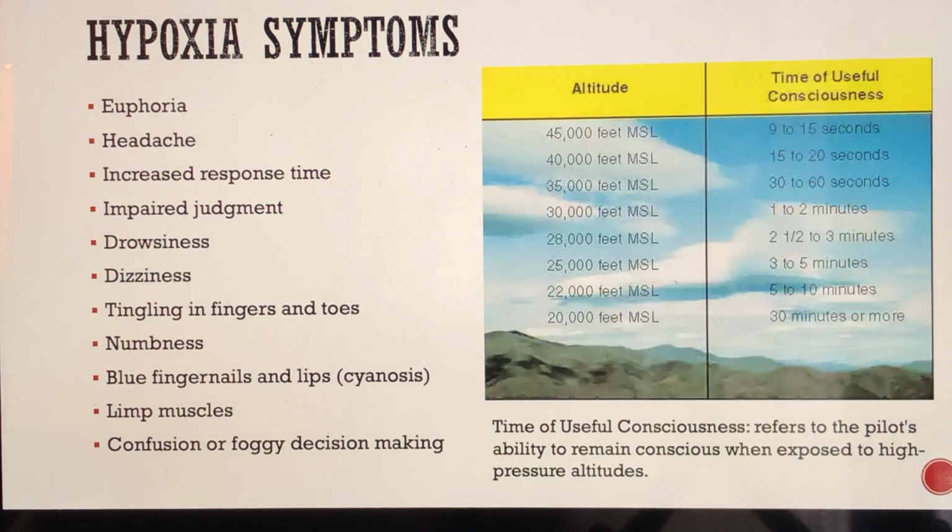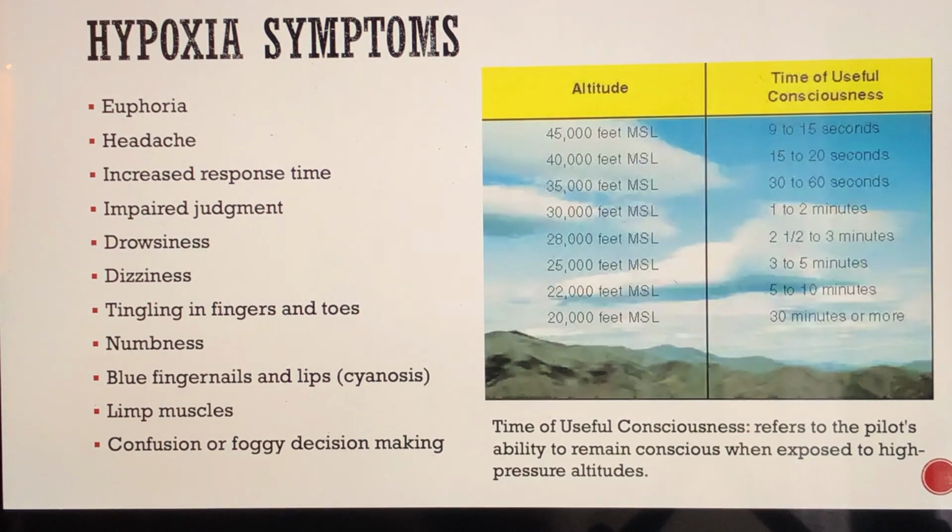In this chart over here to the right is the time of useful consciousness. So this is the ability of the pilot to remain conscious when they're exposed to these high pressure altitudes. And as you can see, as you increase in altitude, your time of useful consciousness is going to decrease significantly.